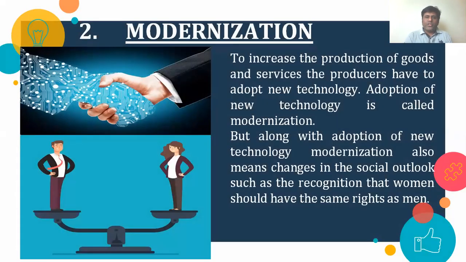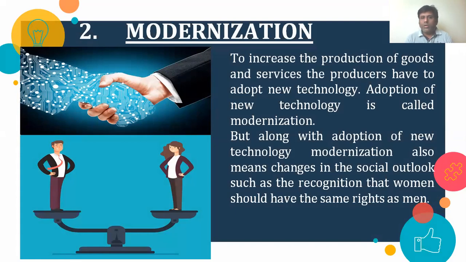Second is modernization. Modernization means the use of new and latest technology for the production of goods and services, to fulfill the demand of the consumer. The second part of modernization was a change in social outlook towards females.